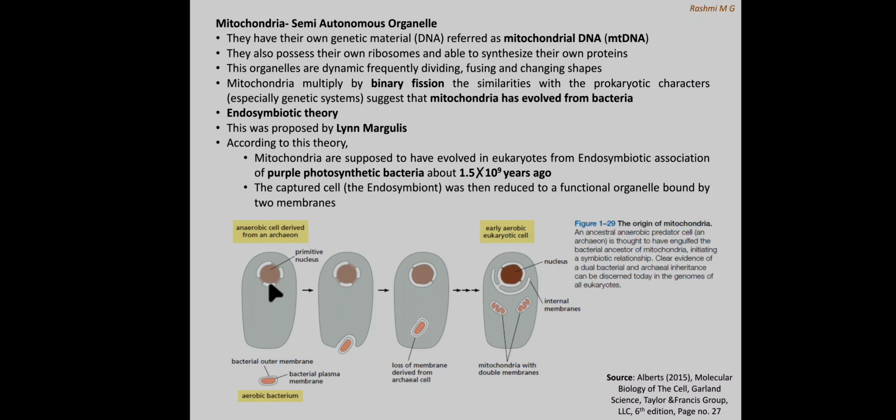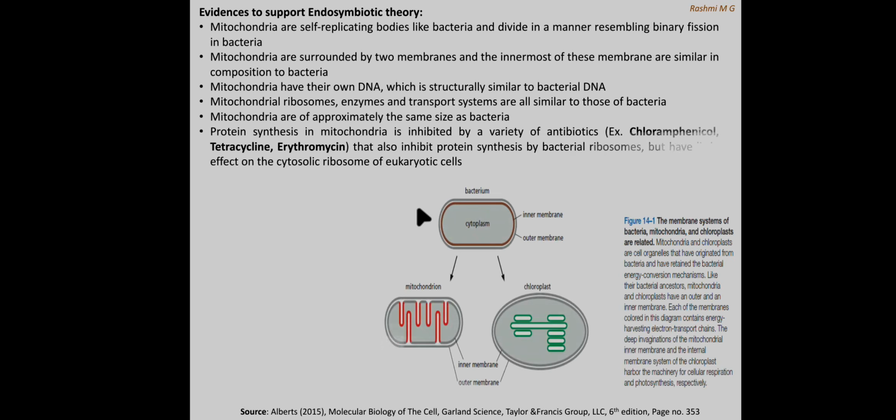So first, the captured cell or the endosymbiont was then reduced inside this early eukaryotic aerobic cell, where it reduces to a functional organelle bound by two membranes.